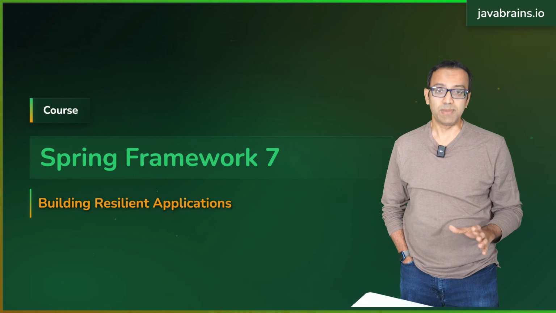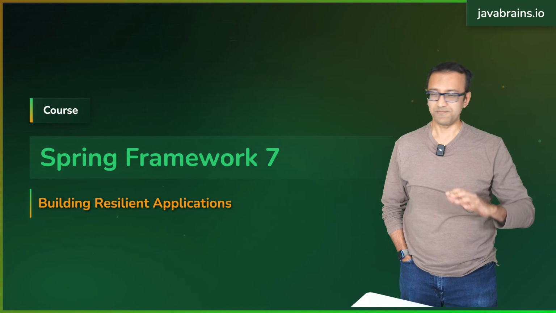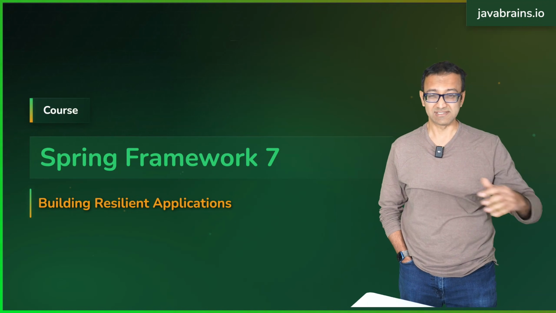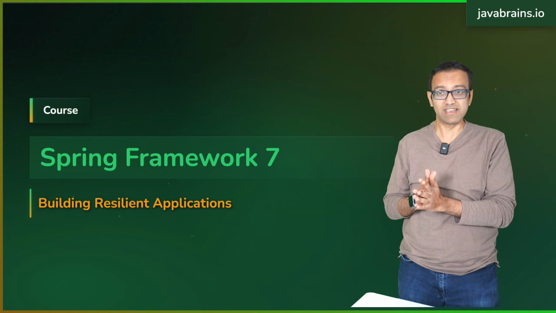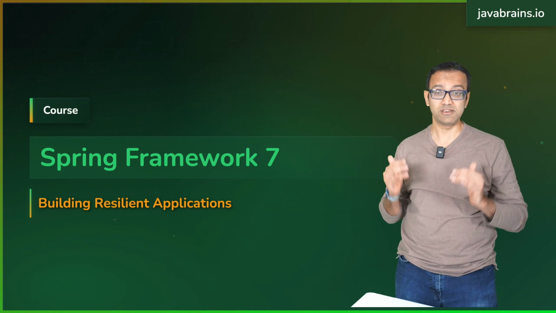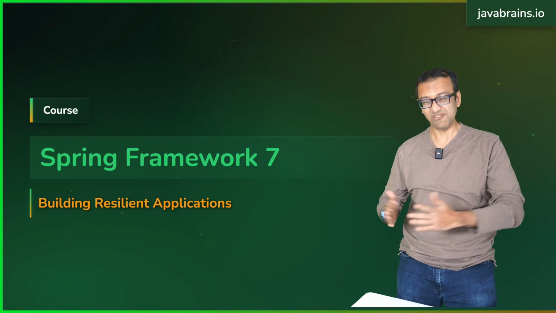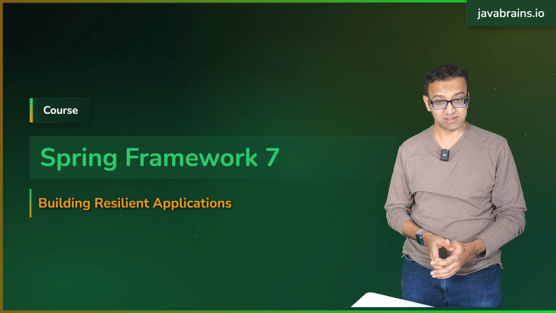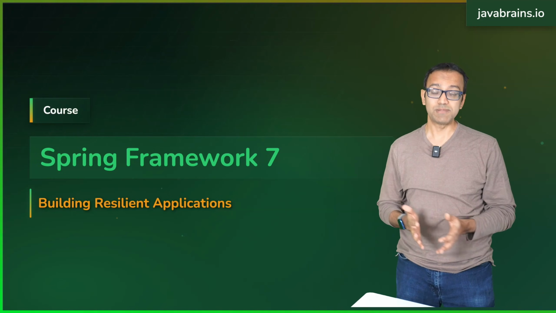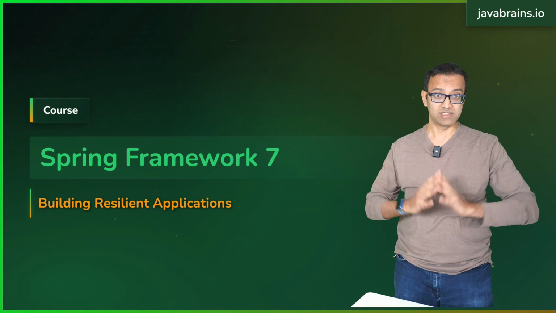Resilience has usually been the scope of microservices, large distributed systems, and Spring Framework was always this bare bones stuff you need to build one application. In fact, when Spring Framework was created and introduced into the ecosystem, the most popular application development paradigm at the time was monoliths.